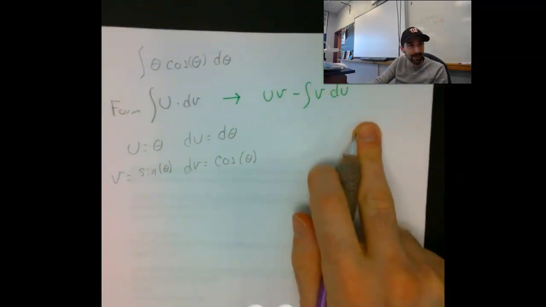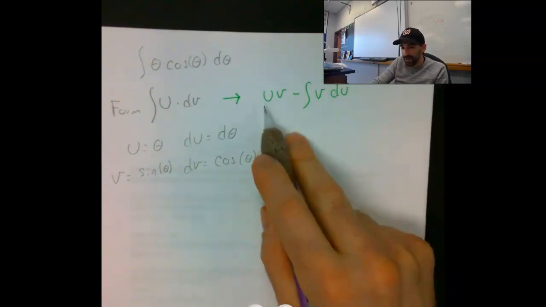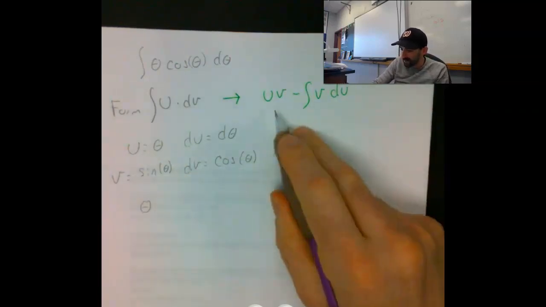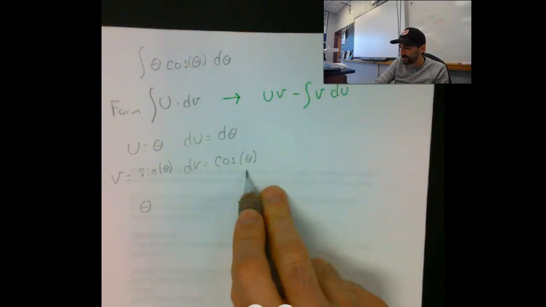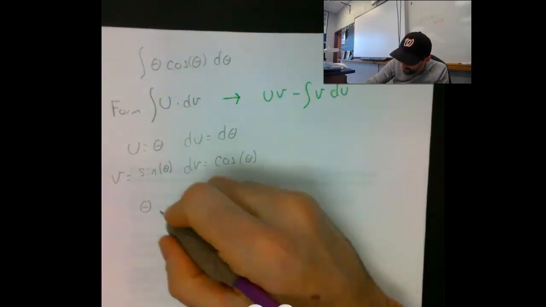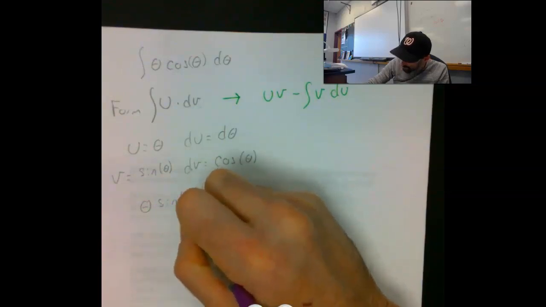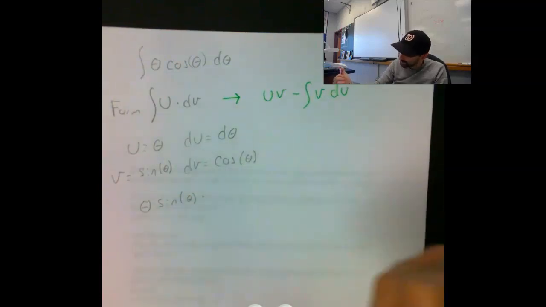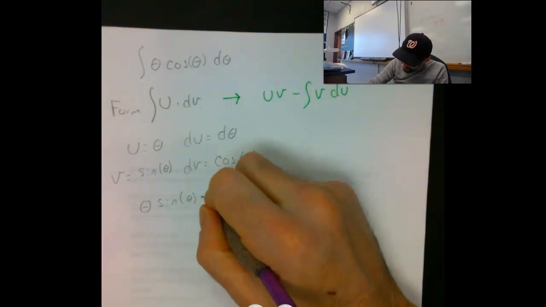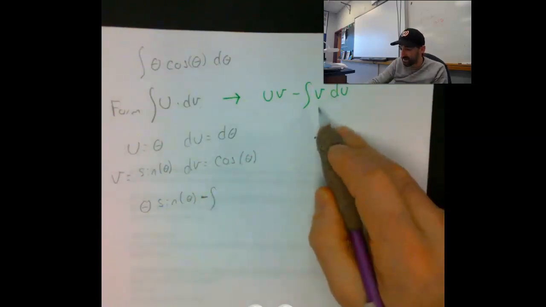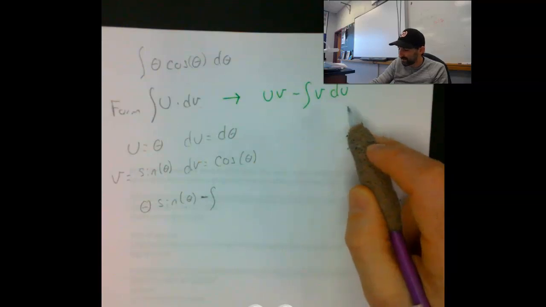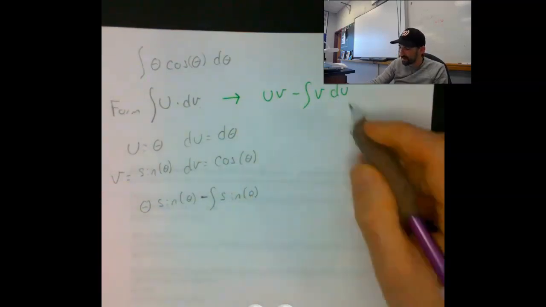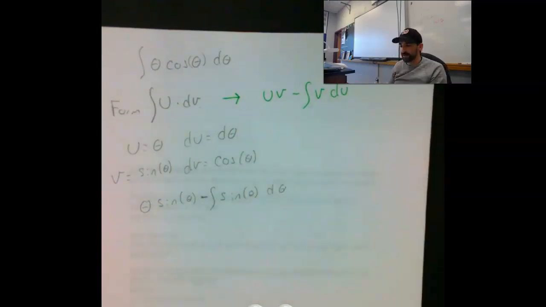All right, now substitute things in. This makes it a little bit easier. u happens to be theta. v happens to be sine theta. Perfect. So uv is theta sine theta, minus the antiderivative of v again, sine theta, du, d theta.